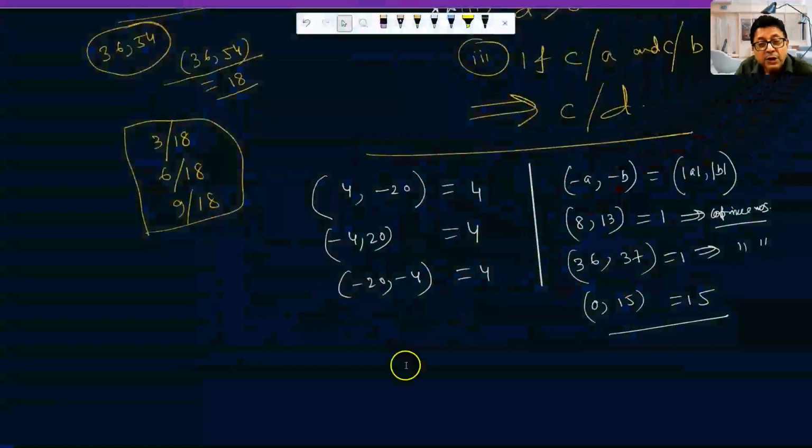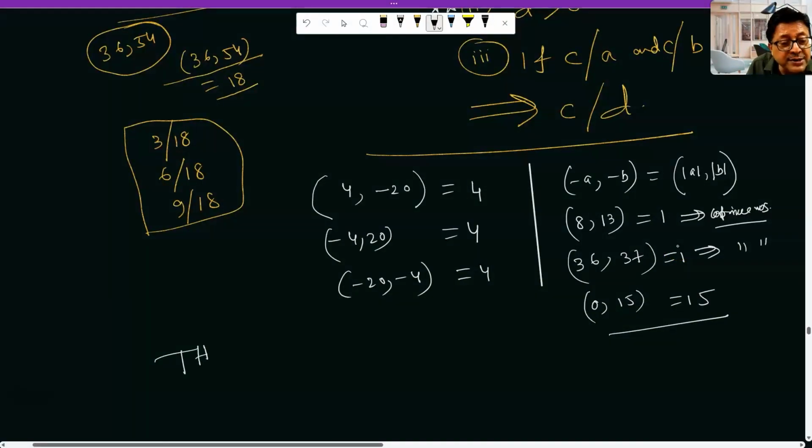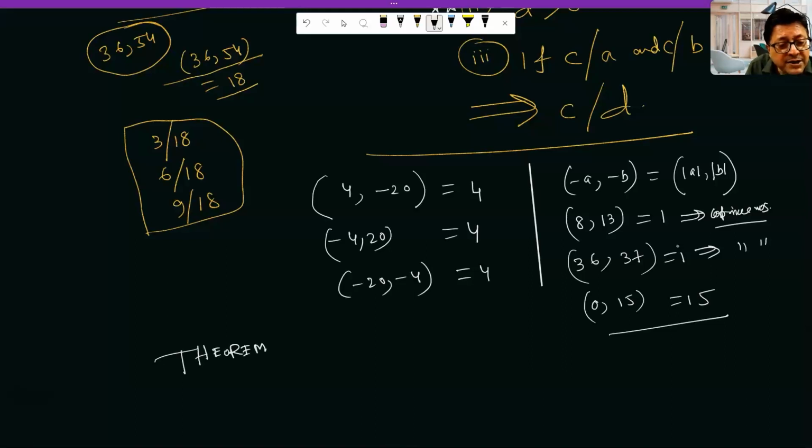Okay? So, what is the theorem here? I am just writing the form because we are not going to discuss the proof here. The proof will irritate you, but realization of the proof is not a problem at all. So, what is that theorem?